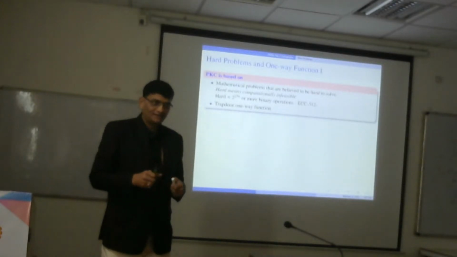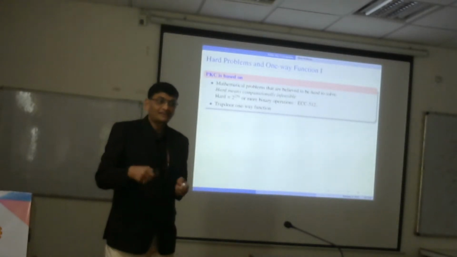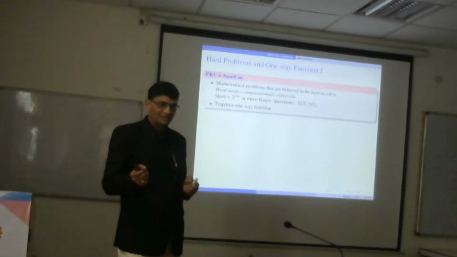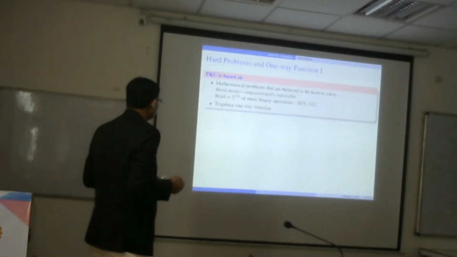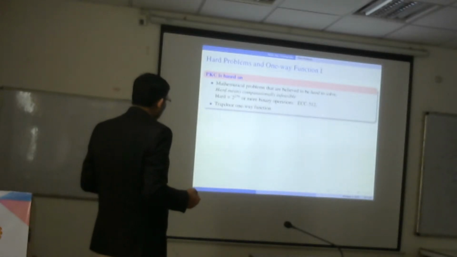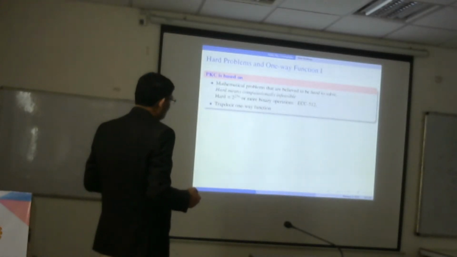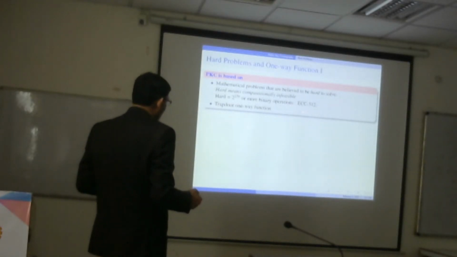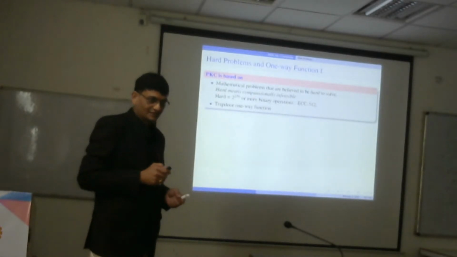We don't know in the future what kind of computational facility we will have. Now for AES, and here we have mentioned ECC, elliptic curve cryptography: if you use a field size of 100 to 500 bits, its complexity is approximately 2 to the power 256.